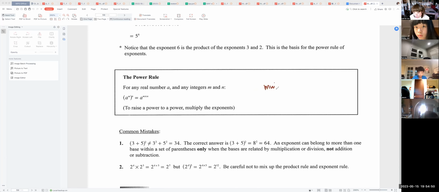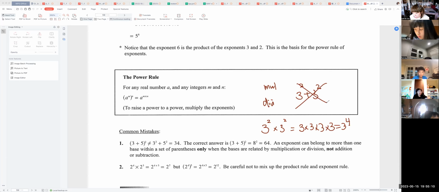Remember that, okay? For instance, we could have 3 squared times 3 squared, equals 3 times 3 times 3 times 3 equals 3 to the power 4, right? But 3 squared plus 3 squared, there's no formula at all. Harvey, understand?